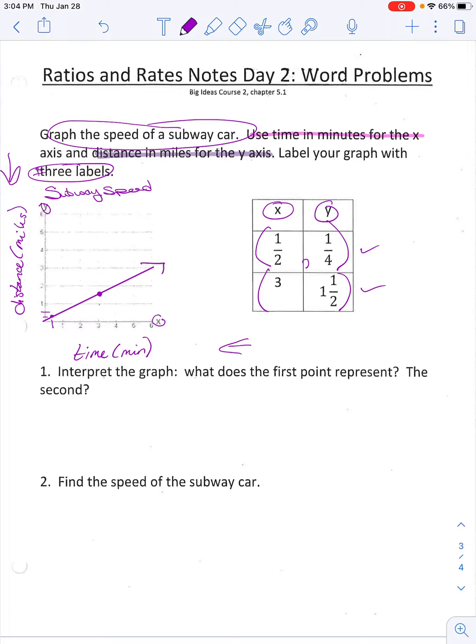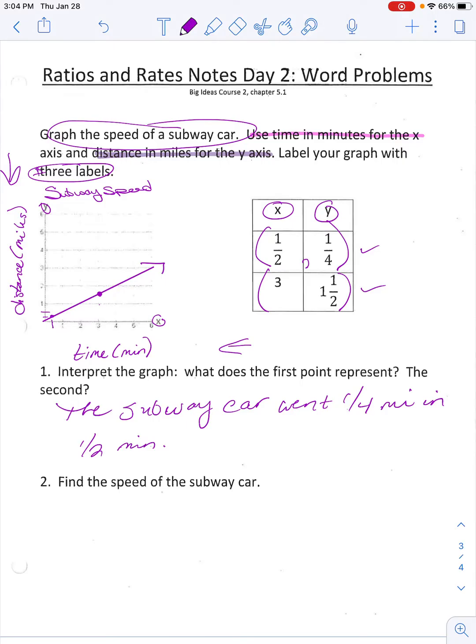What does the first point represent and the second point? Okay, so we can say the subway car went 1/4 mile in half a minute.